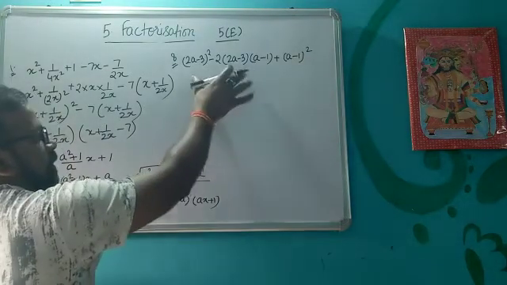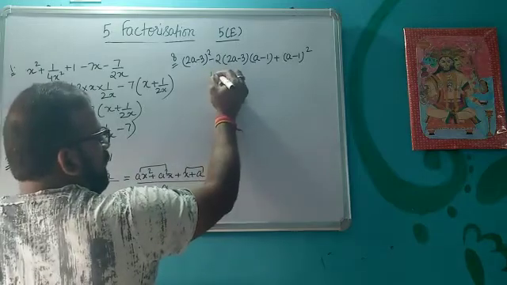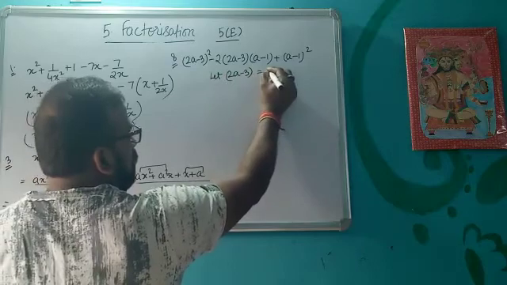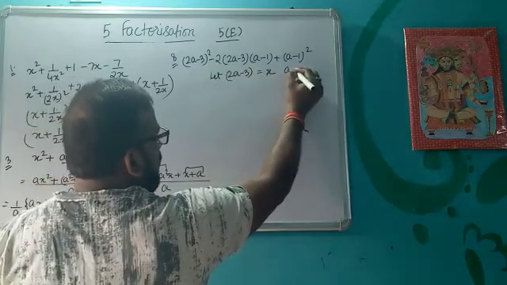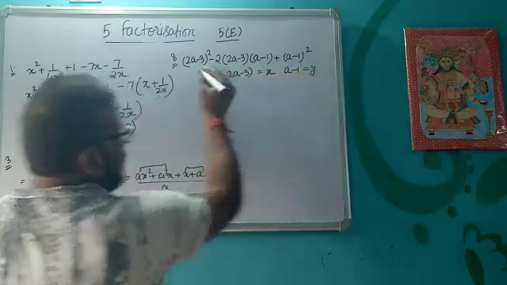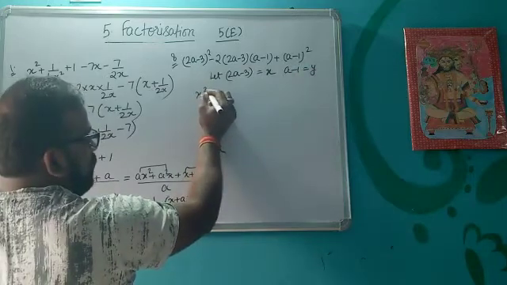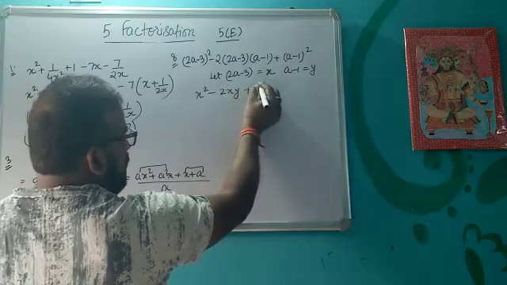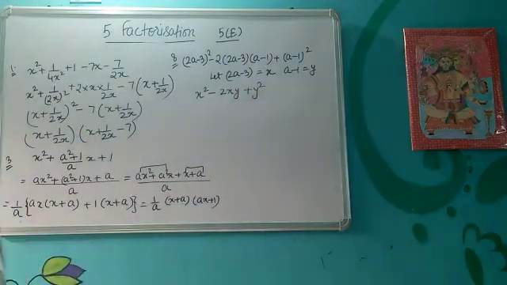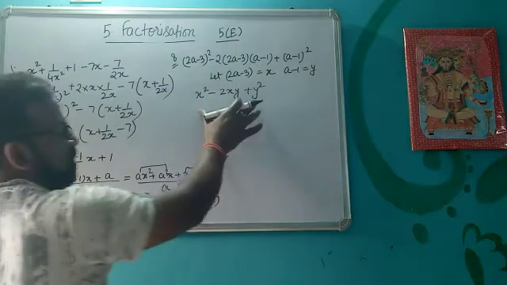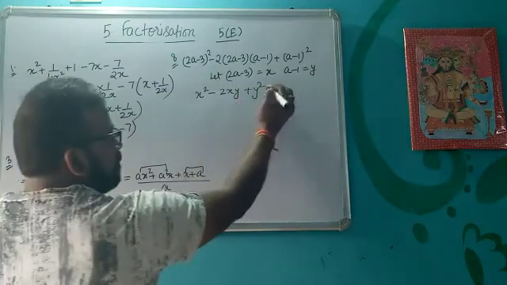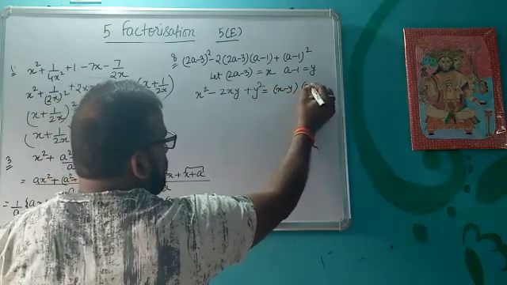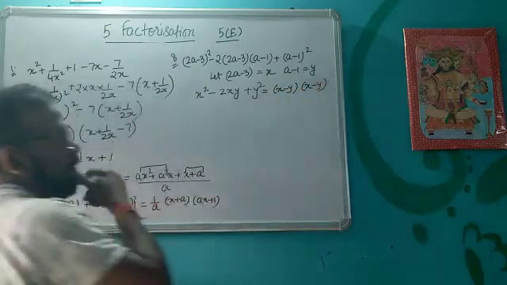Now this question, if I take let 2a minus 3 equal to x and a minus 1 equal to y. So now if you see very carefully, this whole complicated expression has been converted into a very familiar expansion, x square minus 2xy plus y square. That is, it is x minus y into x minus y.